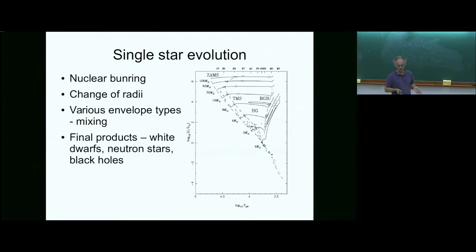So the radii of the stars can increase by quite a lot, by a factor between 100 and 1,000 during their evolution.